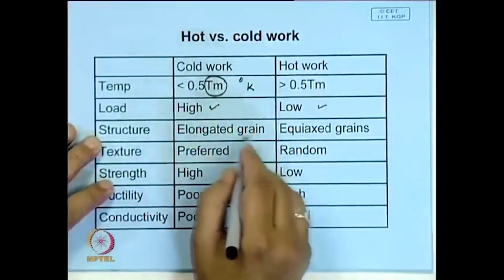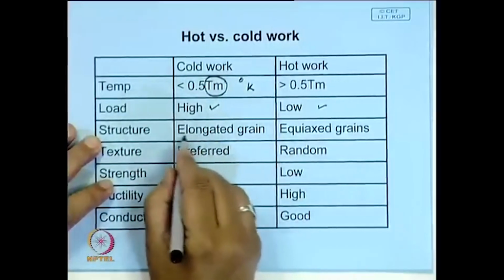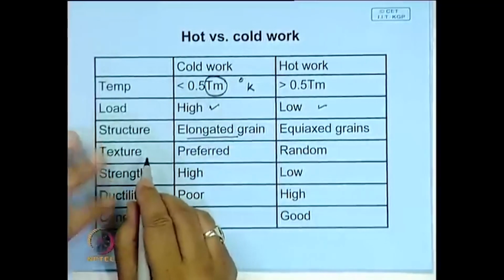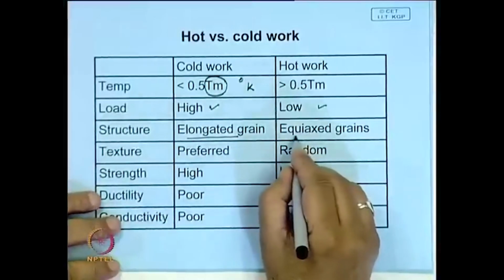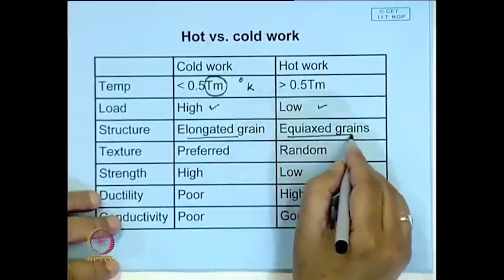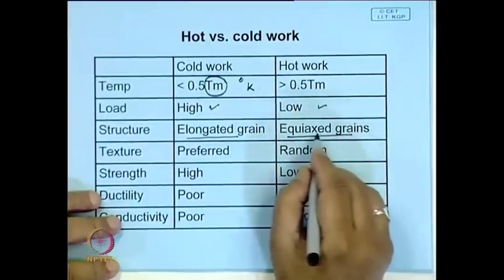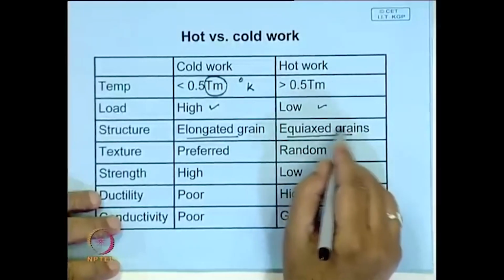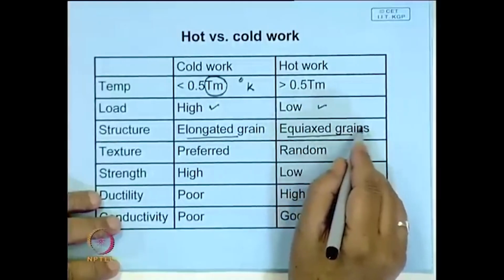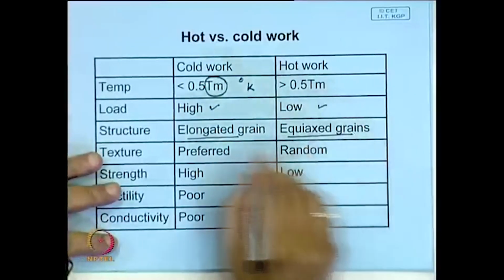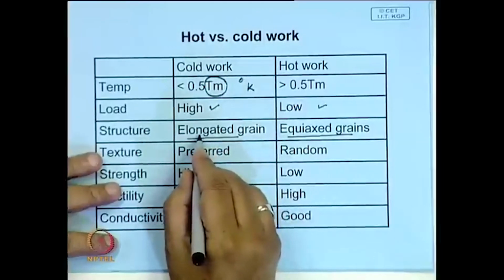In the cold worked material you will find the grains are elongated, which shows signs of deformation, whereas in hot work, something happens during the process of working: the material grains deform, but they recrystallize, that is, new grains are nucleated and they grow, and these grains are equiaxed, whereas here they are elongated.